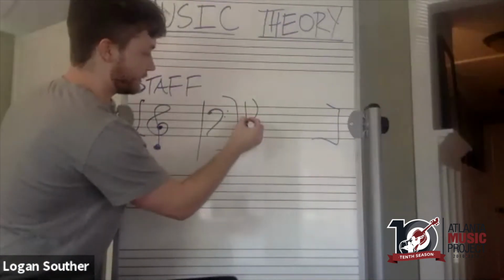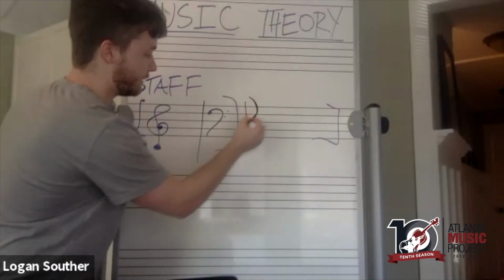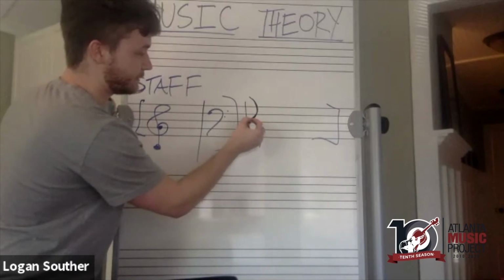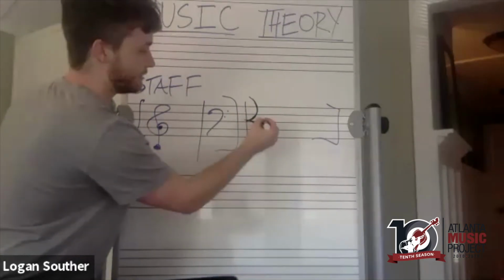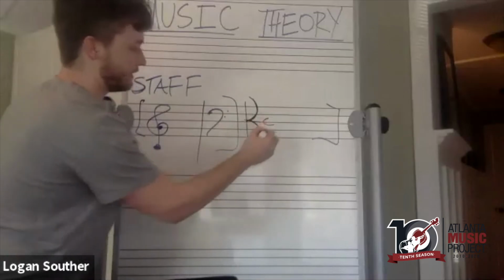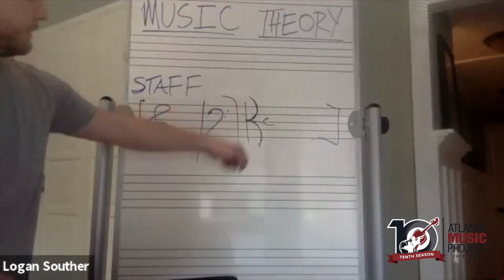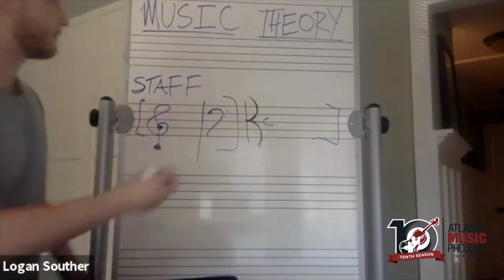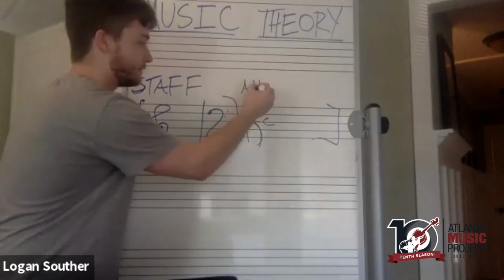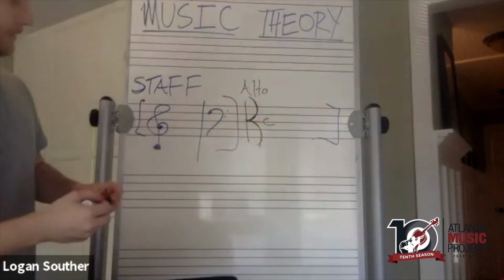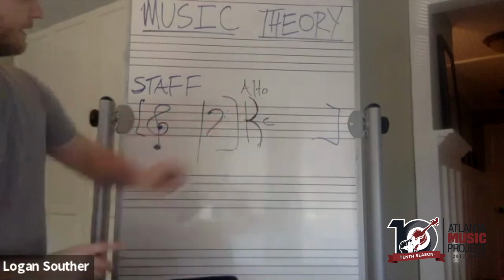So C clefs look a little bit like this, and whatever line is in the middle right here is going to be middle C. And these clefs can move around a little bit, and they look like this. So this, we call that alto clef when the line is in the middle. We call that an alto clef.